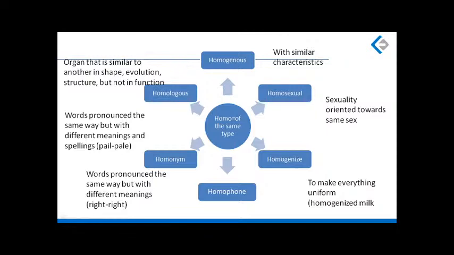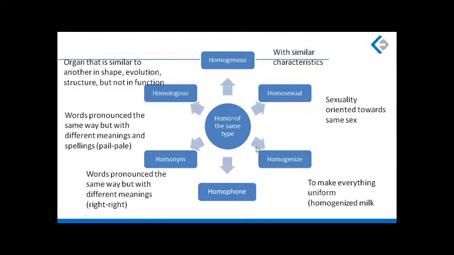Homologous, logo, study. From the root word for study, you get homologous, an organ that is similar to another in shape or in terms of evolution, even if not in function. When those who study humans and animals try to find out what kind of organs are similar in terms of appearance, in terms of physical structure, those organs are called homologous, not in terms of function.